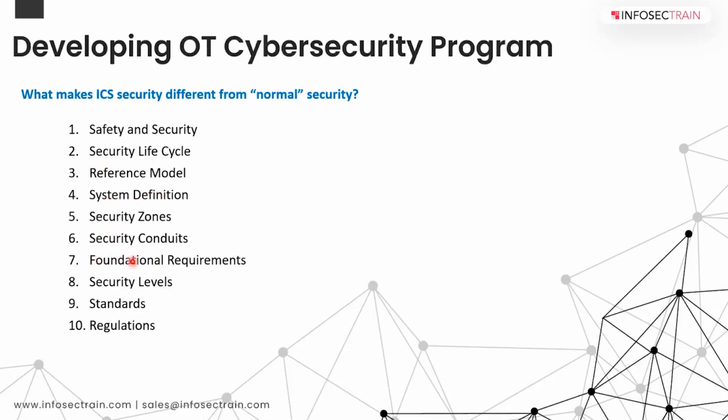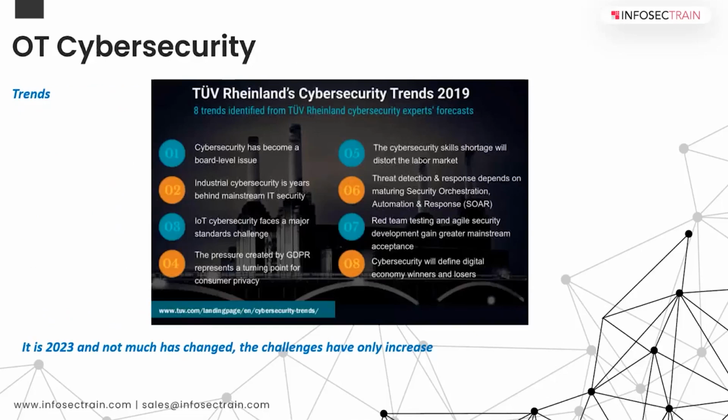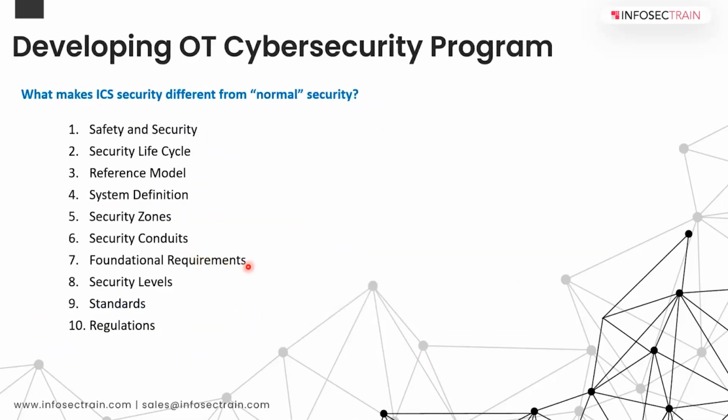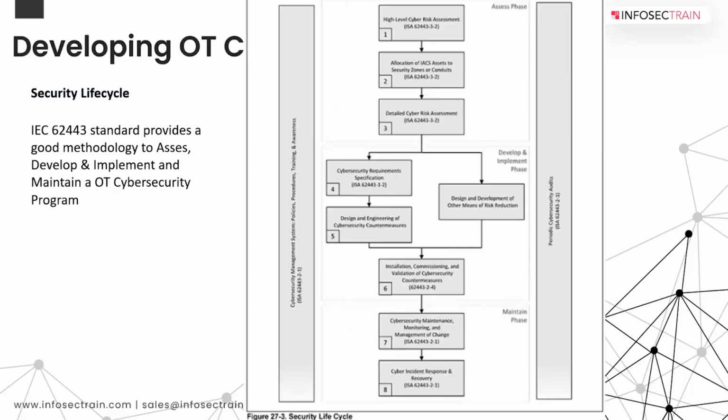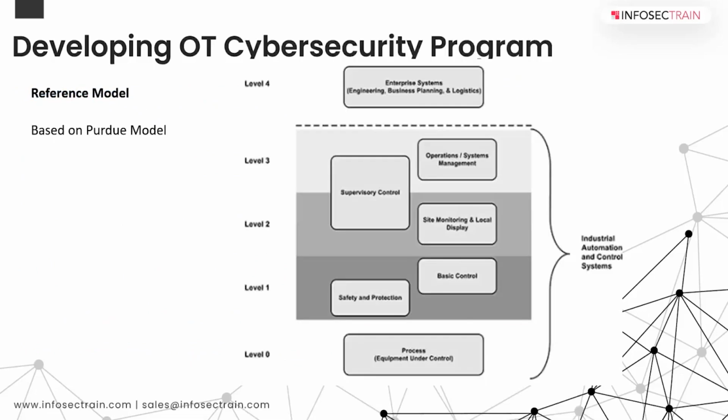Then you have the foundational requirements, which are not listed here. There are 7 foundational requirements, and each foundational requirement has its own additional requirement enhancements. When we talk about foundational requirements, it's identity and access management, data integrity, data confidentiality, timely response to events, resource availability, and so on.